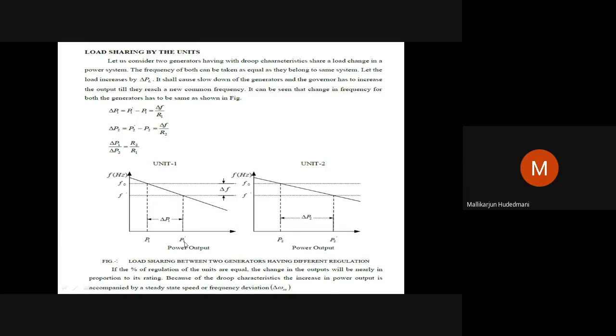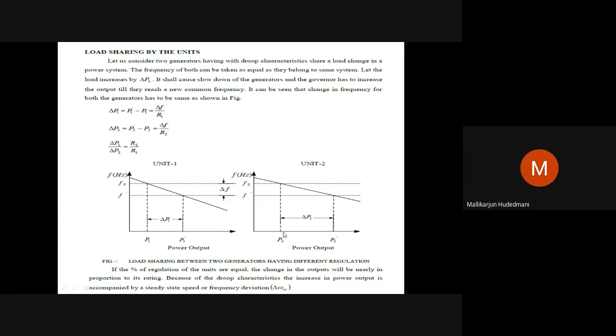Definitely P1 dash is the new set point, and P2 dash is the new set point on machine 2. How are they calculated? From the original P1, this shift is demanded. Delta P1 is demanded on generator 1 so that P1 plus delta P1 becomes P1 dash.